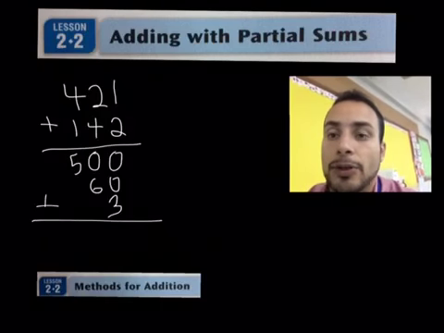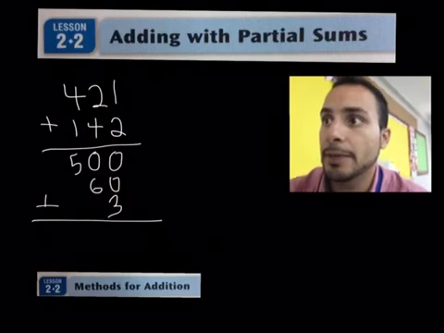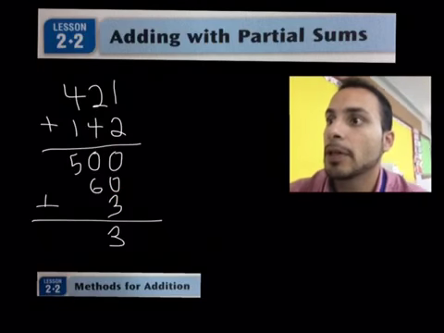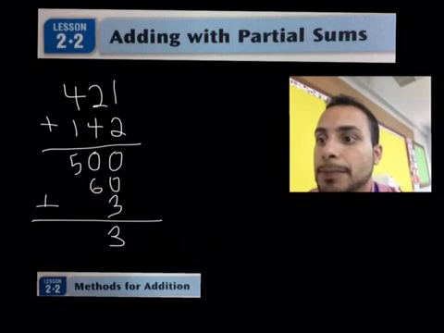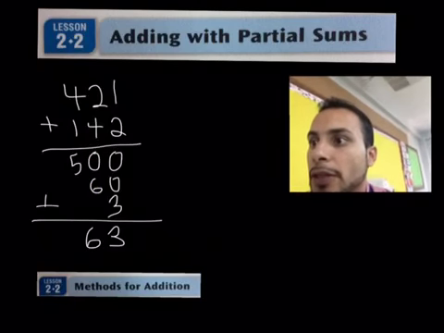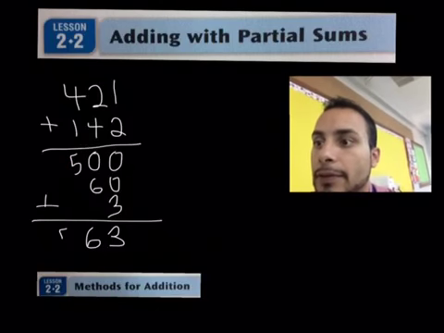And now you add those up and you look at this column and you have 3. You look at the next column and you only have 6. And you look at the third column and you have 5.